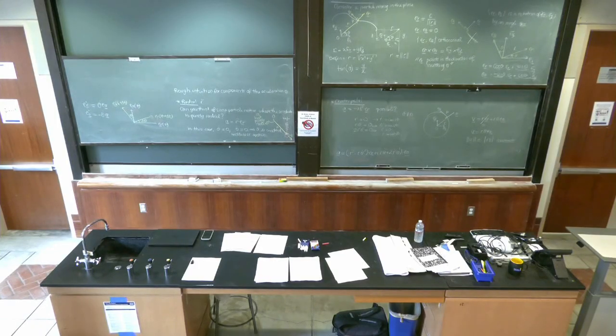Why? What's changing direction? The velocity vector, exactly. So the acceleration vector does not only depend on the speed, which is the magnitude of the velocity, it depends on the velocity vector. So it's affected not only by the change in the magnitude of the velocity vector, the change in speed, but also by the change in direction of the velocity.